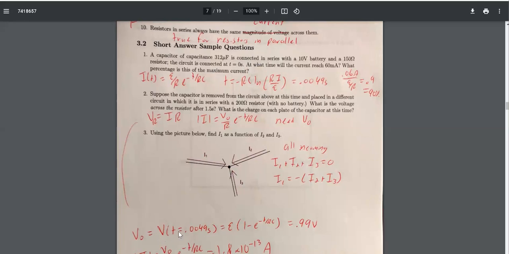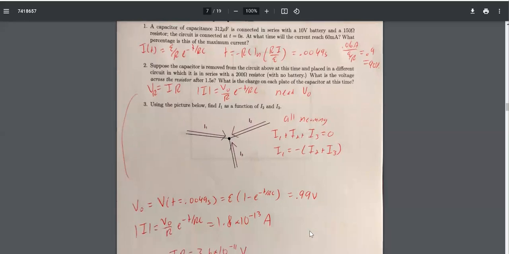So we have to find the initial voltage here, which means we have to use the charging equation. So voltage is the EMF of the battery times this 1 minus e thing. Now I know the time at which it was removed. I know the resistance and the capacitance. So I can just plug these things in and find what the initial voltage is.